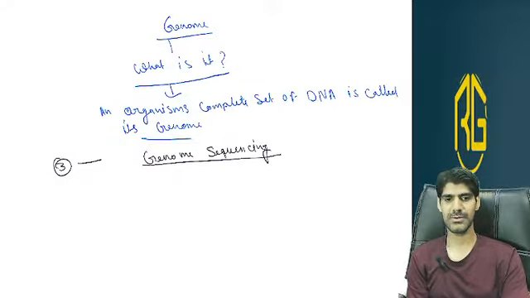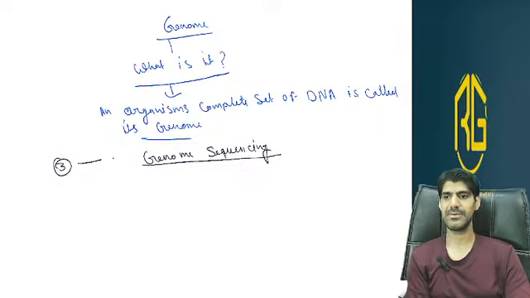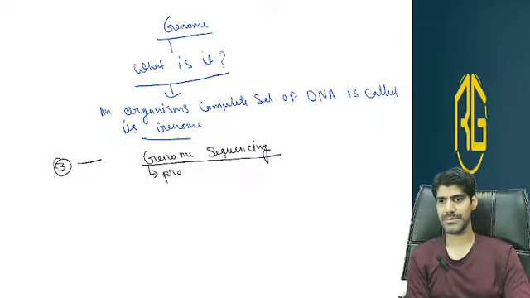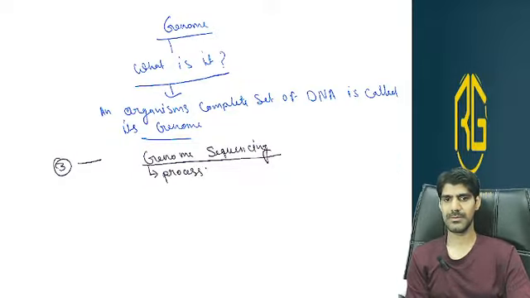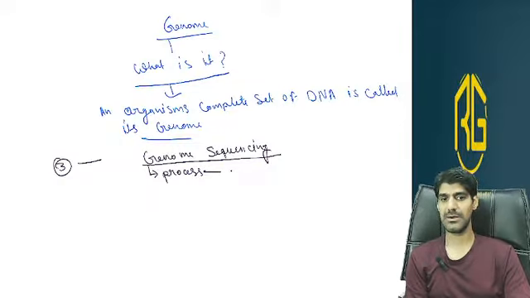Genome sequencing can be defined as the process to determine the order of the nucleotide.